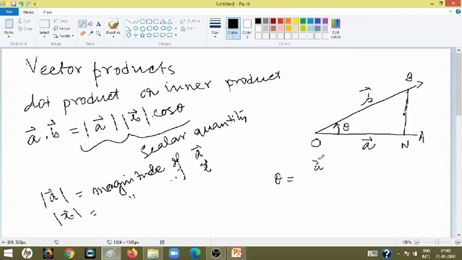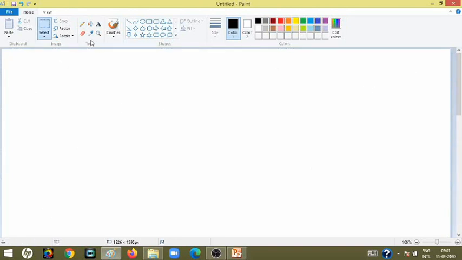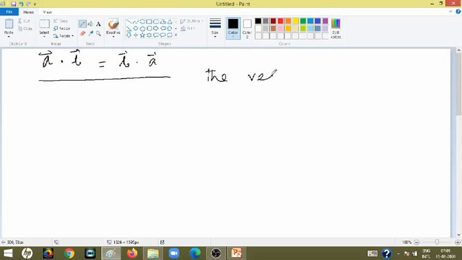Cos theta equals A dot B divided by modulus of A times modulus of B. Now let us see that A dot B equals B dot A, which means the vector dot product is commutative.